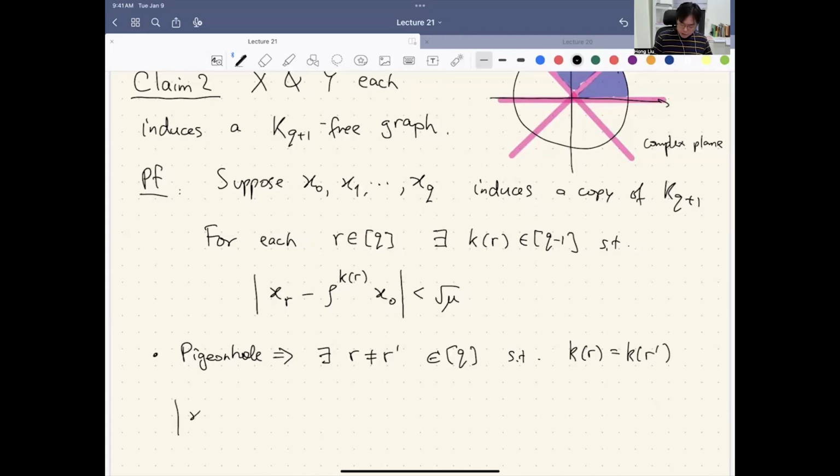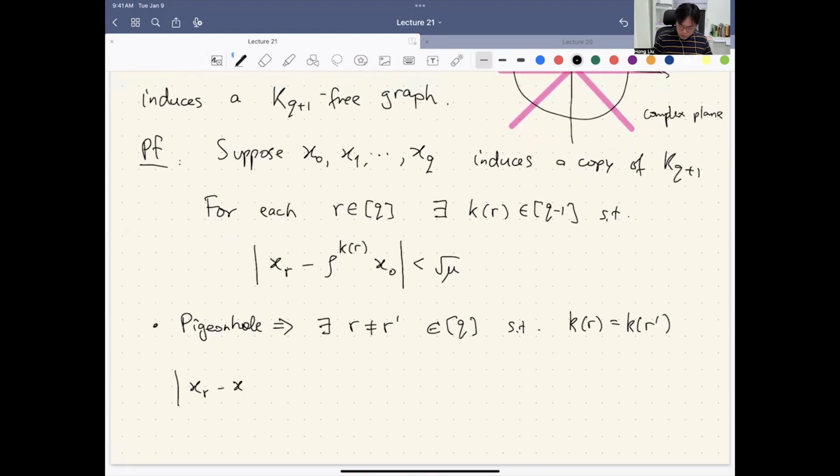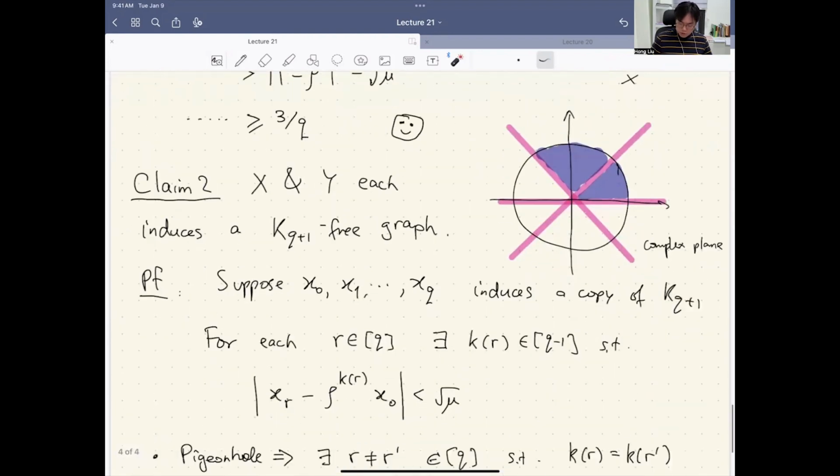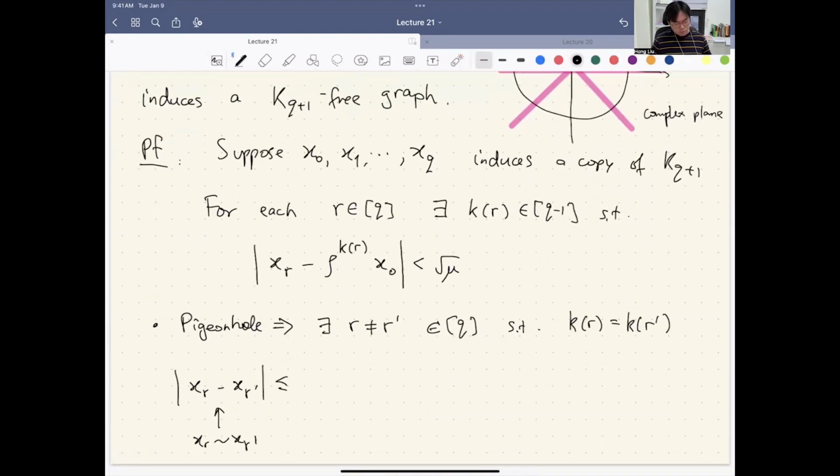Now let's look at their distance, the distance of these two, x_r minus x_r'. And they are forming an edge, right? These two are adjacent. But we're going to show that they are too close, contradicting this. The distance is at most, again by the triangle inequality, x_r minus rho^{k_r} x0, plus rho^{k_r'} x0 minus x_r'.